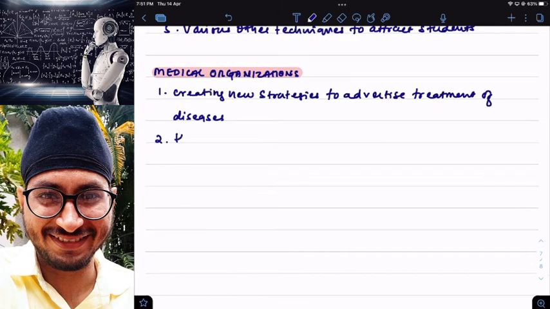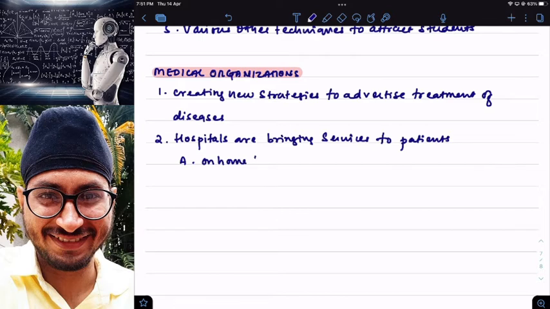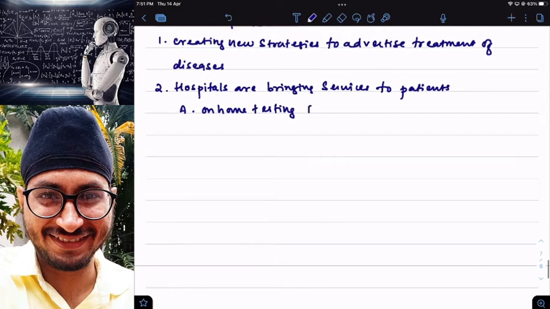Moreover, nowadays hospitals are bringing services to patients. Means, sir, nowadays a patient need not visit a hospital. The hospital is visiting the patient. Example, sir, on-home testing. This has become very popular after COVID, right? Then we have lab services.